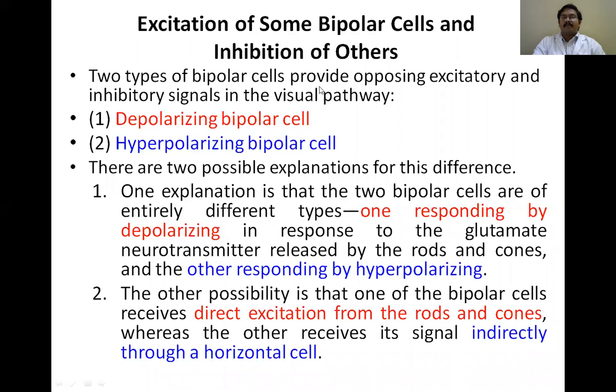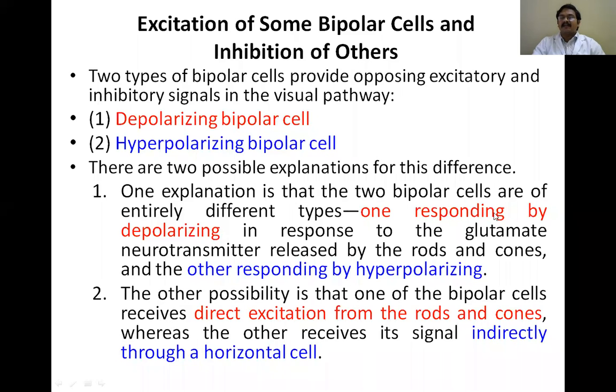There are two types of bipolar cells present, and they have opposing effects. One provides excitatory and the other inhibitory signals in the visual pathway. One is the depolarizing bipolar cell, another is a hyperpolarizing bipolar cell. There are two possible explanations for these differences.